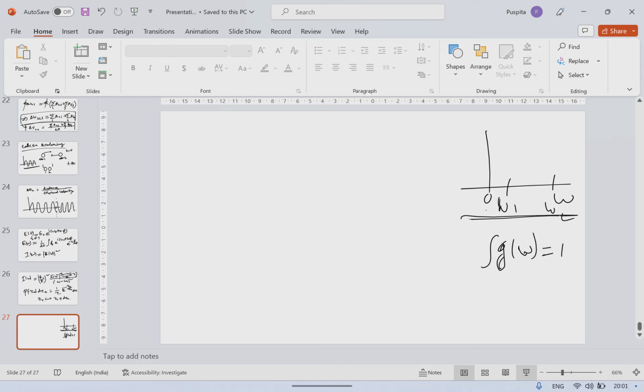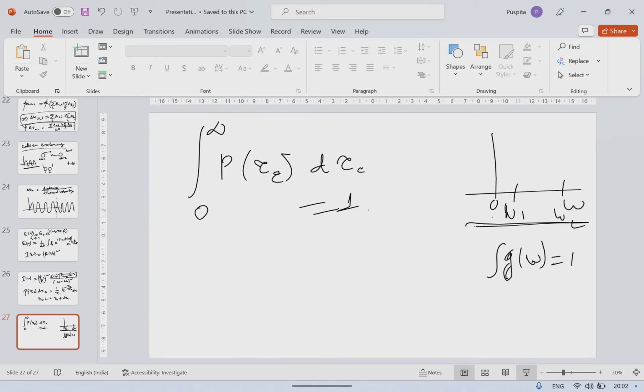Same as the probability for the collision, that for 0 to infinite time there will be a collision between two atoms or more than two atoms. There is no denying. So we can write the integral of P(τc) dτc equal to 1.